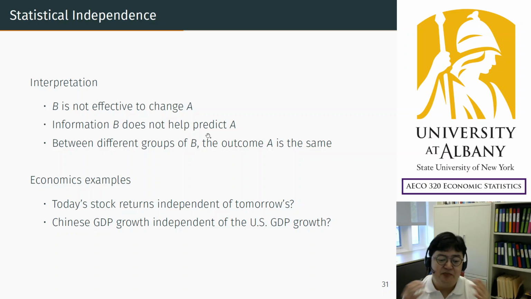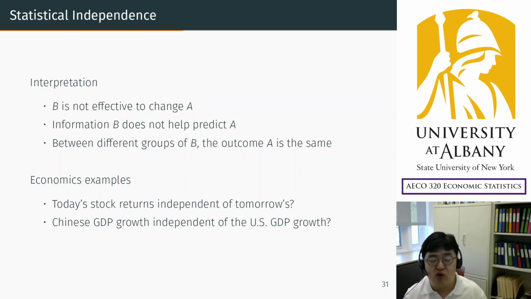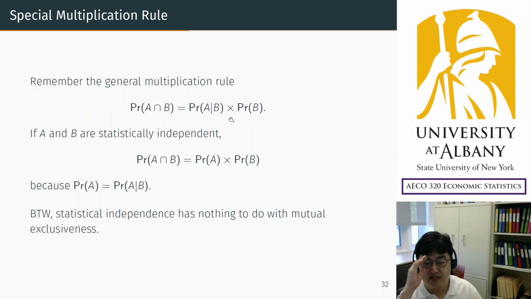It is impossible to put all the data into a computer and run something, so you have to assume that this is all we need, and I set a model only based on this information because everything else is independent. So independence is a very important concept in statistics.